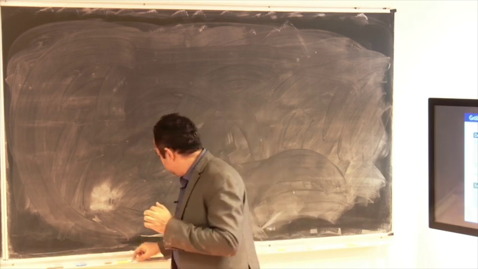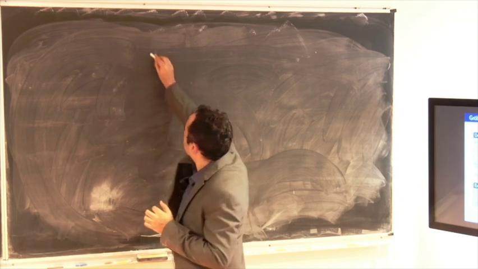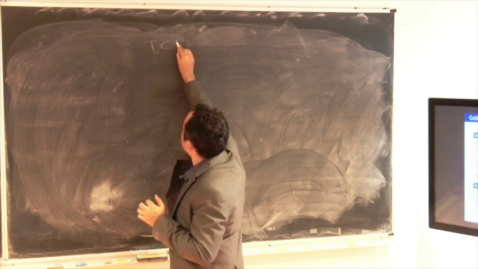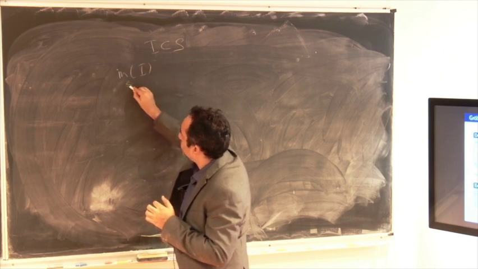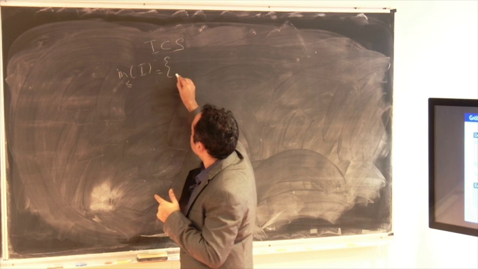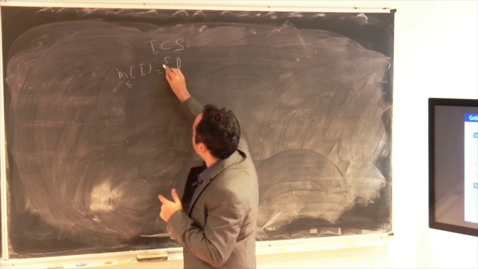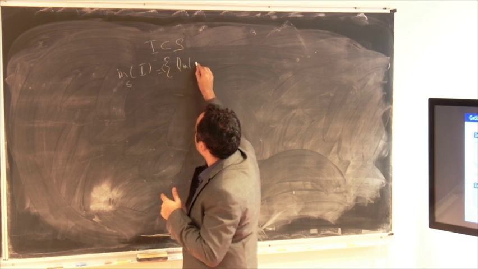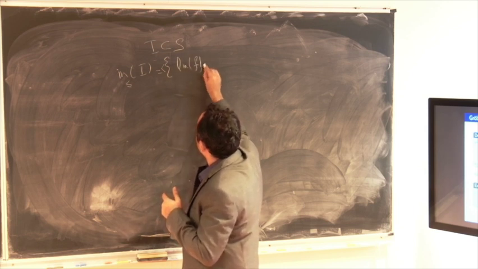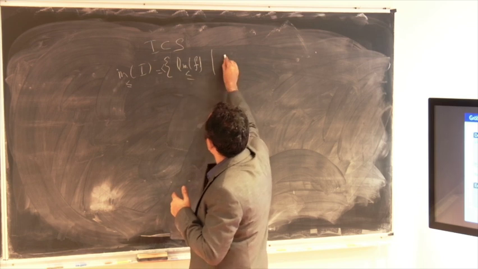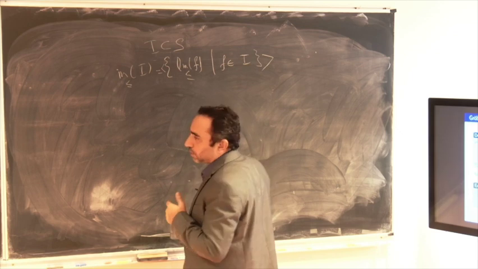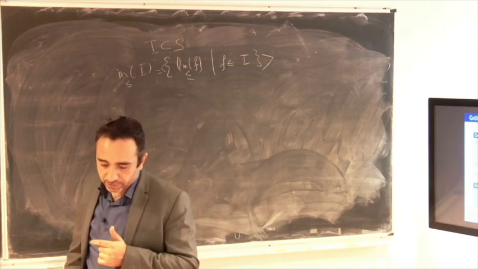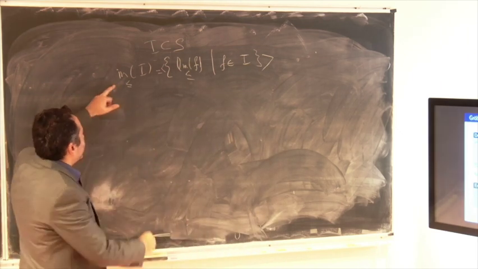That means if we have an ideal I in S, then its initial ideal, with respect to that ordering, is generated by the leading monomials of f, where f belongs to that ideal I. So this is the definition of initial ideal. This is the initial ideal.